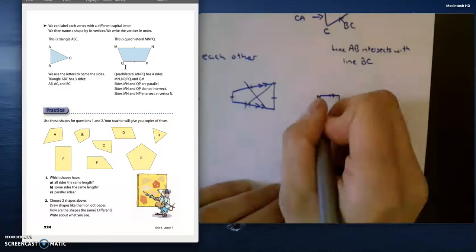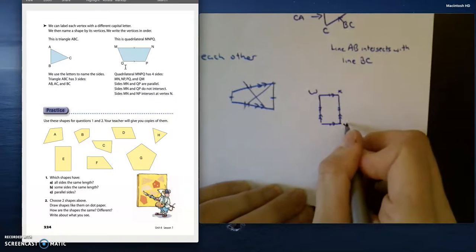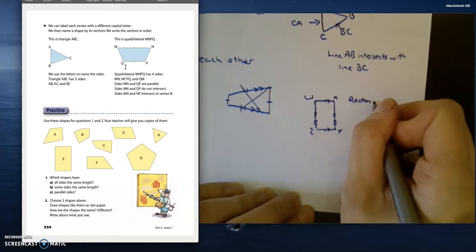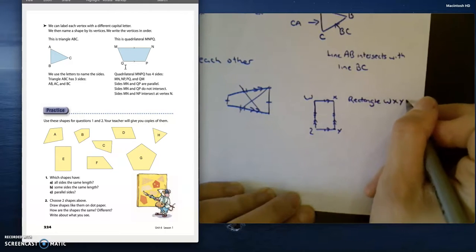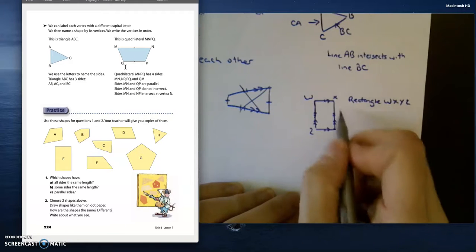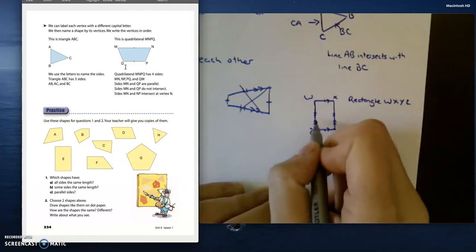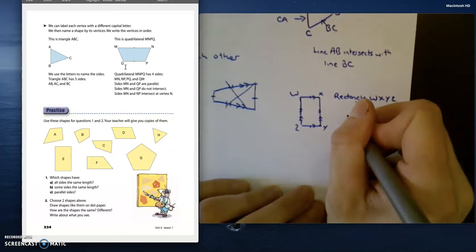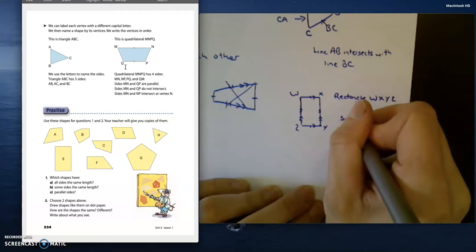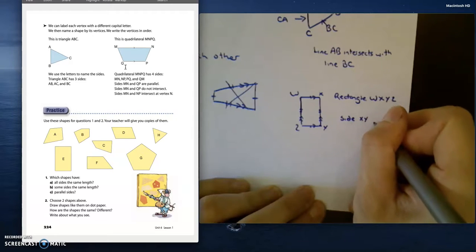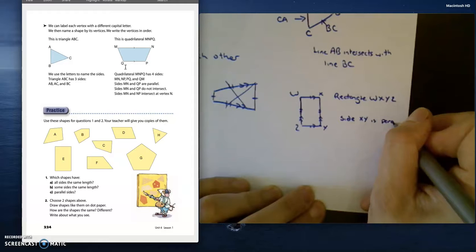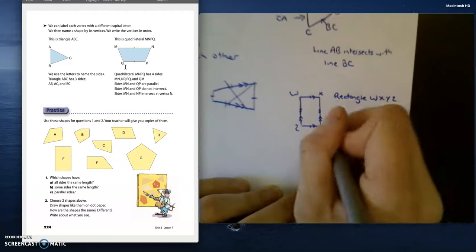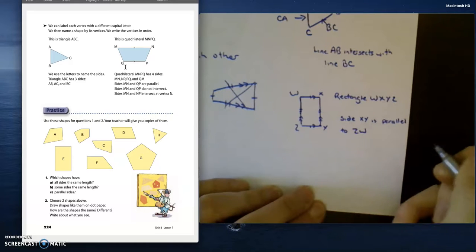okay. So if I wanted to, this could be W, X, Y, Z. So this could be either quadrilateral or rectangle WXYZ. Okay, line WX, line XY, line YZ, line ZW. Okay, I could say side or line XY is parallel to ZW.